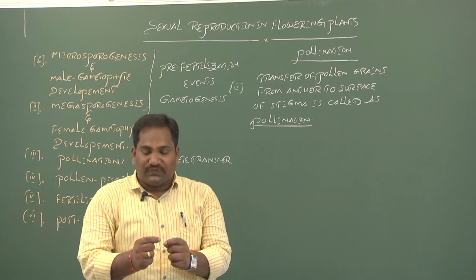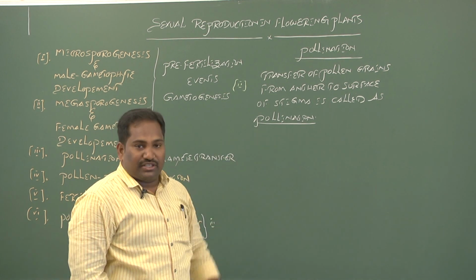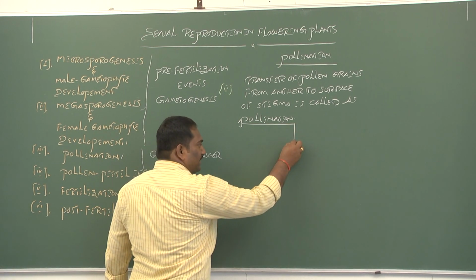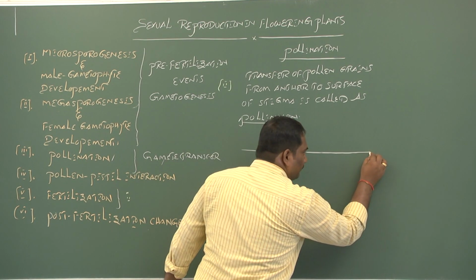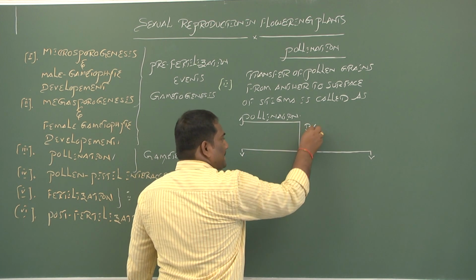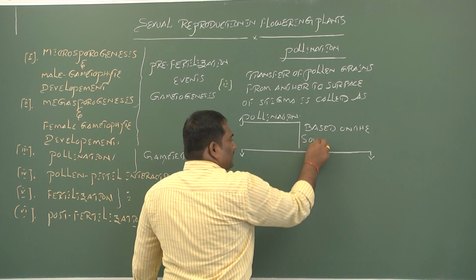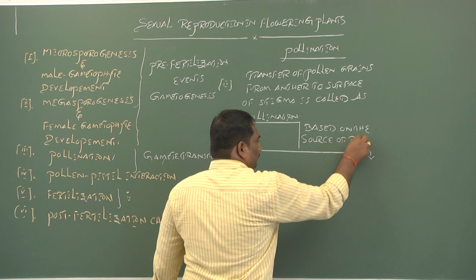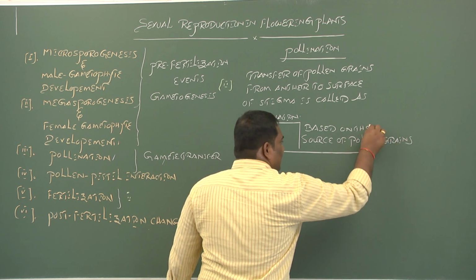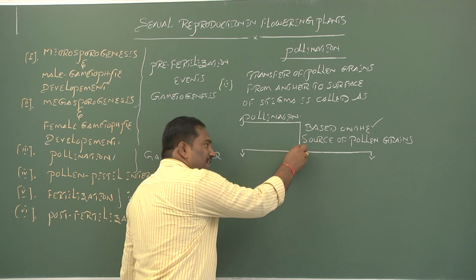Pollination means the transfer of pollen grains from anther to the surface of stigma. According to the source of these pollen grains, pollination is classified into two types. This is one of the most important characteristic features for the classification of pollination.